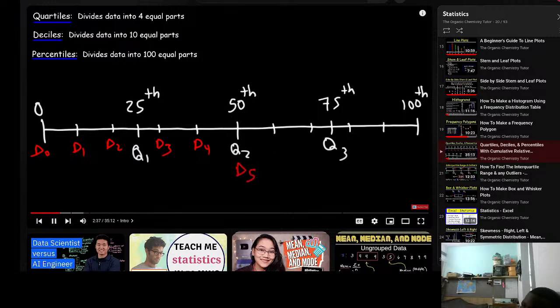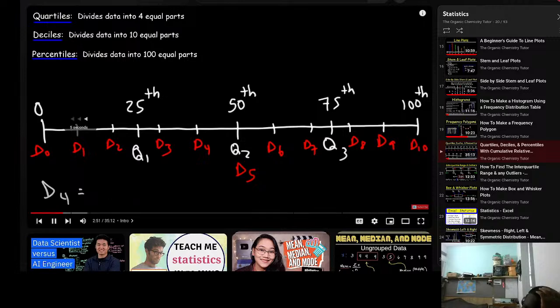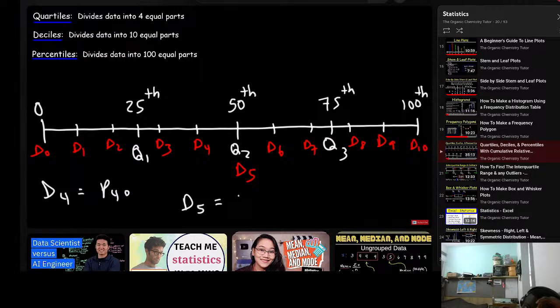Now Q2 is the same as D5, and this is D6, D7, D8, D9, D10. So what you need to know, for instance, is D4 represents the 40th percentile. In this example, D5 is the 50th percentile, which is the same as the second quartile.